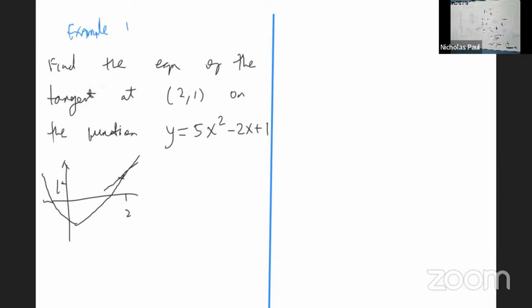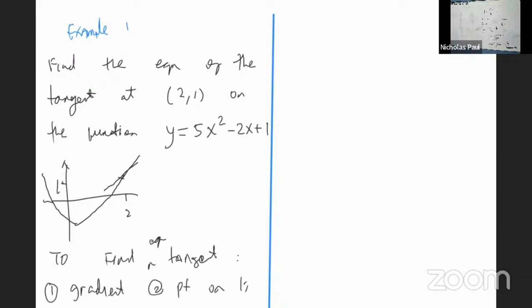So to find the equation of the tangent, we need two things: number 1, the gradient, and number 2, a point on the line.